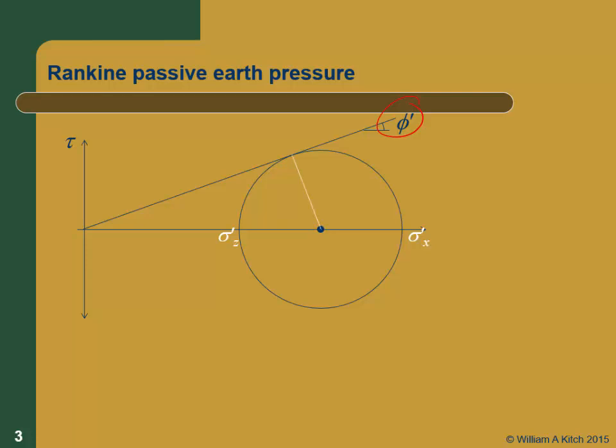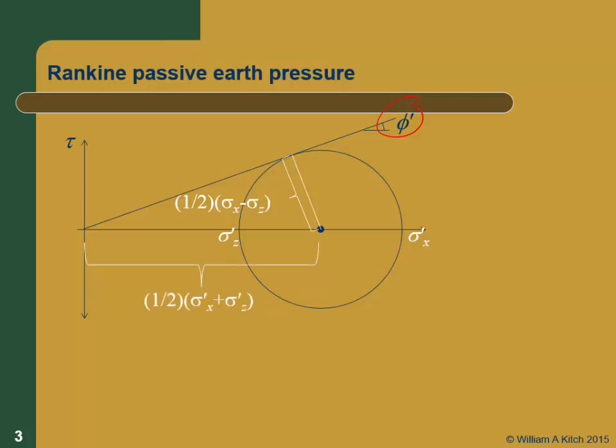All right. So in terms of sigma x and sigma z, what's the radius of the circle? Yeah. Sigma x minus sigma z, that's the diameter, right? Divided by 2, that's the radius of the circle.